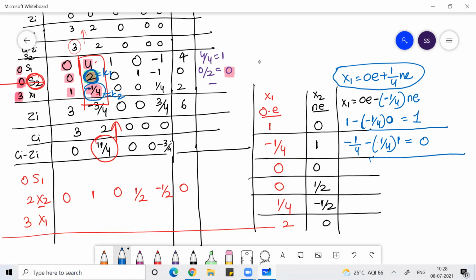Clear? So this would be 0 only. 0 plus minus 0, anything would be 0 only. This would be 0 minus 1 by 4 times 1 by 2. So this would be 1 by 8.